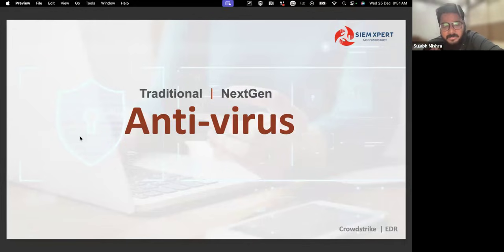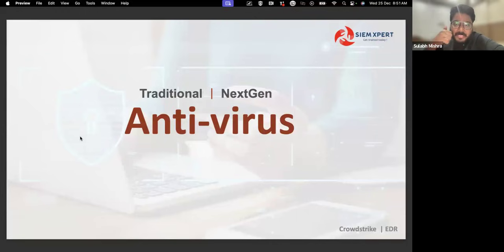You have to update the signature at the end of every day or every week without fail. If you fail, then you are missing out on new malware, which means you have a system which can actually have malware on it but cannot be detected by the antivirus. So these are the known drawbacks of the antivirus.